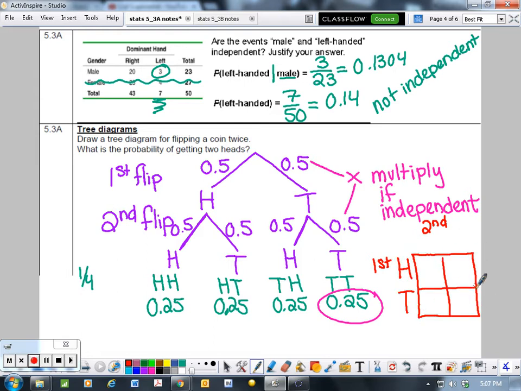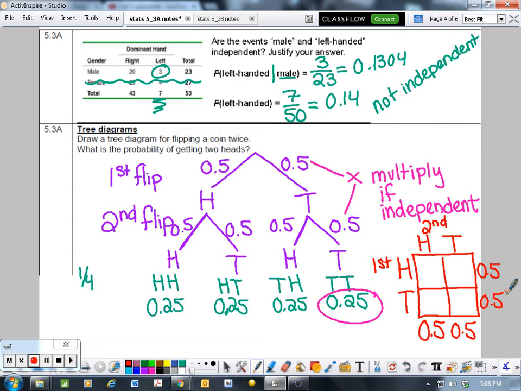On my second throw I could have heads or tails. Now the probability of getting heads on my second throw is 0.5. The probability of getting tails on my second throw is 0.5. Heads on my first throw is 0.5. Tails on my first throw is 0.5.